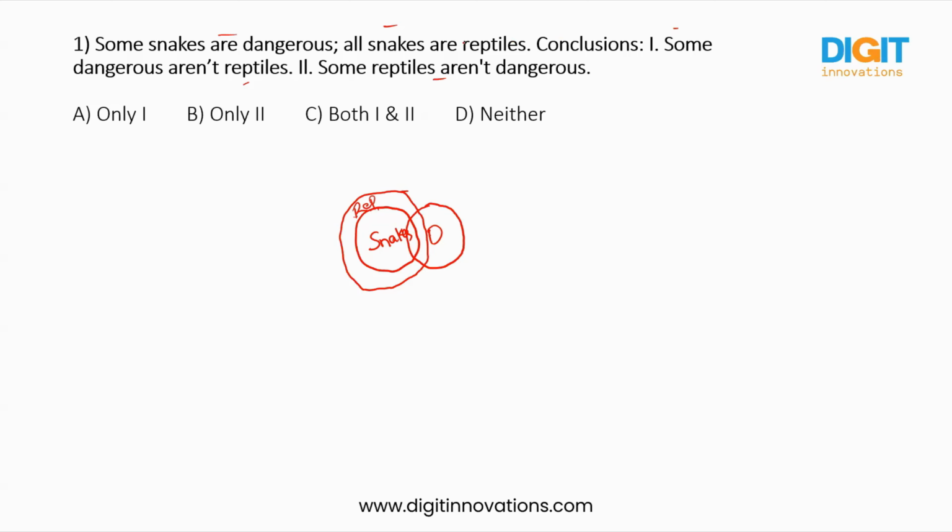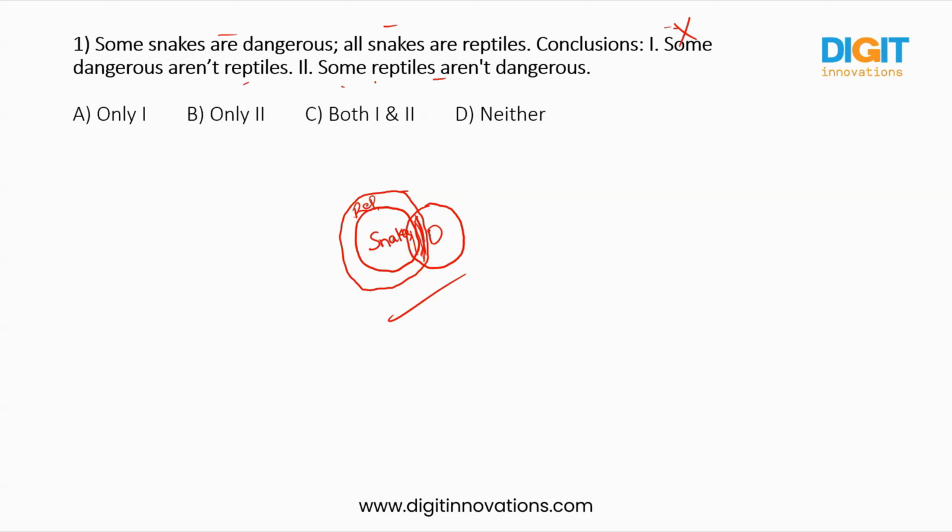So let us see which conclusion follows from the Venn diagram. Some dangers are not reptiles. Is it accepted? No, it is not accepted, because here is the dangerous part, so reptiles is there and snakes are there. So the first conclusion is not accepted.